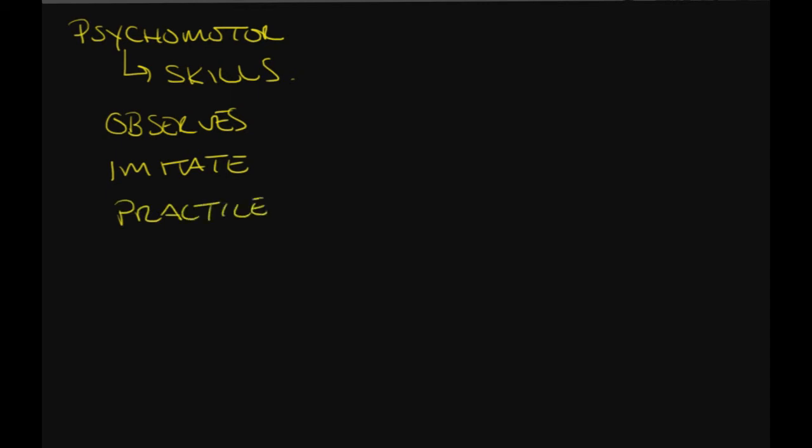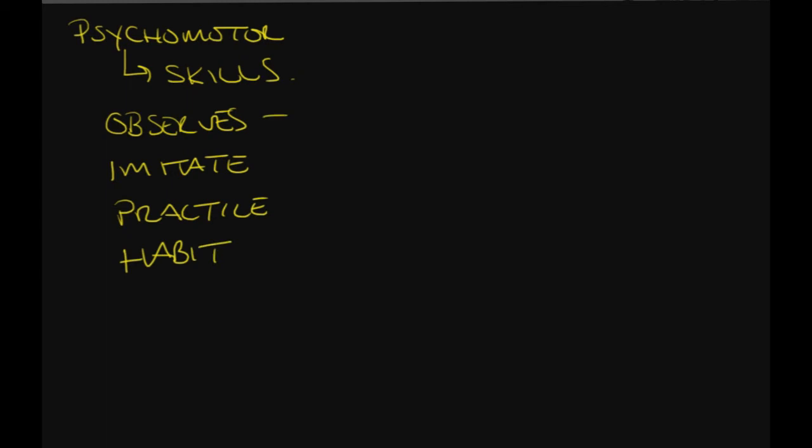So in order to break down the psychomotor domain further, the student first observes, right? Then they imitate what they saw. Then they practice it, and then it becomes a habit.